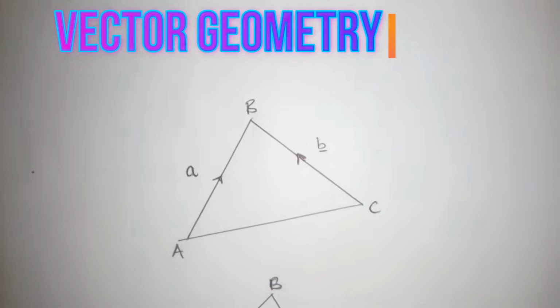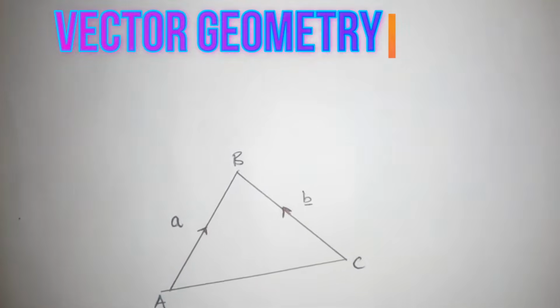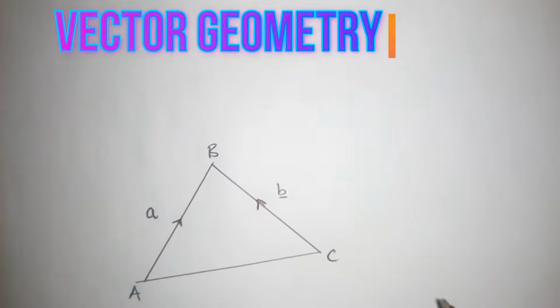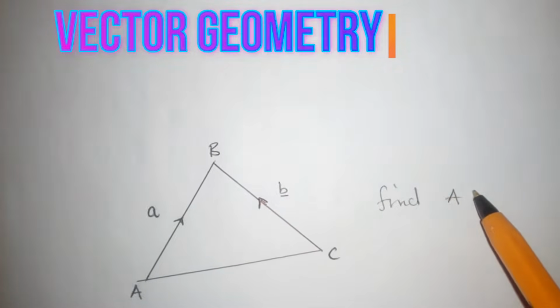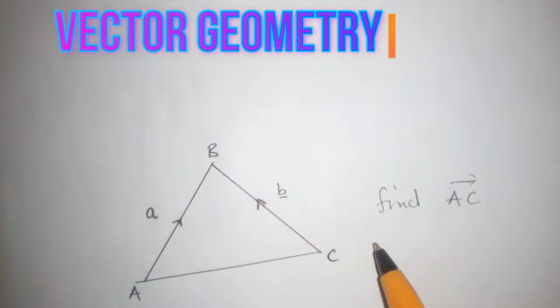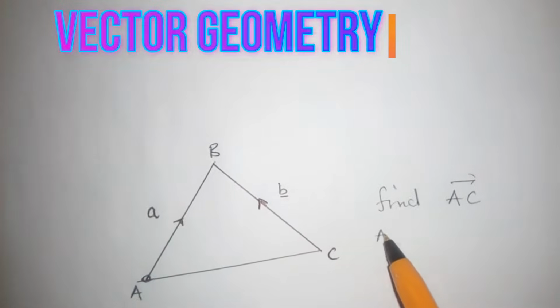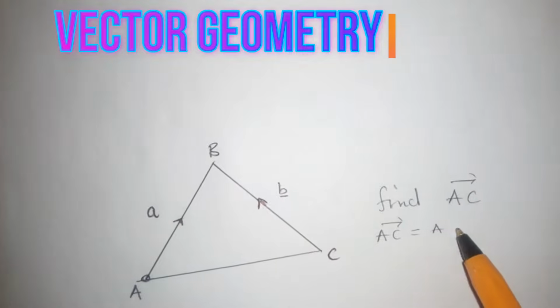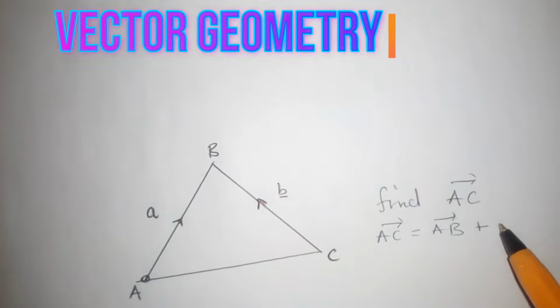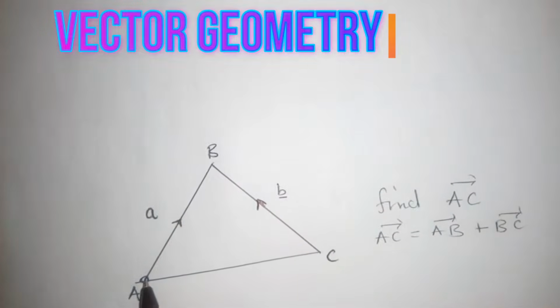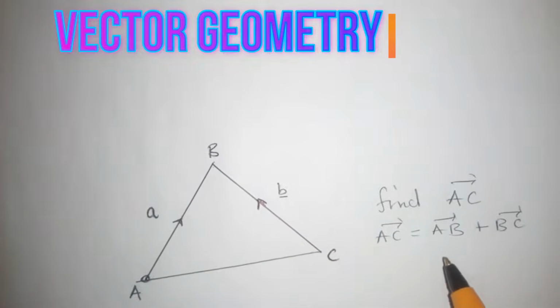Again, the same thing you may be asked over here to find vector AC. So when you see AC is over here, AC will be equal to vector AB plus vector BC. So what is our AB?